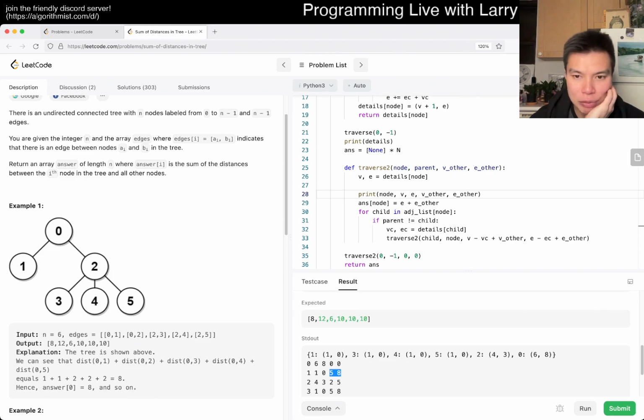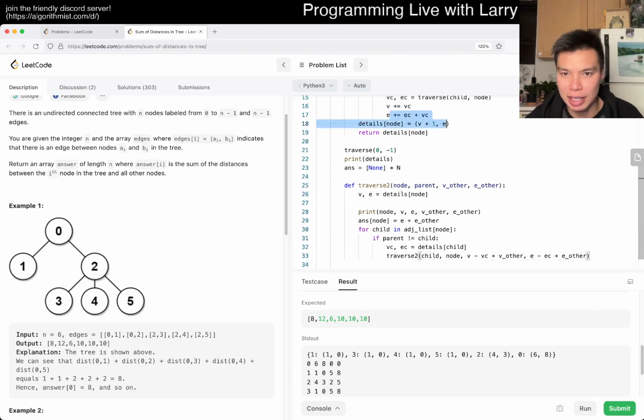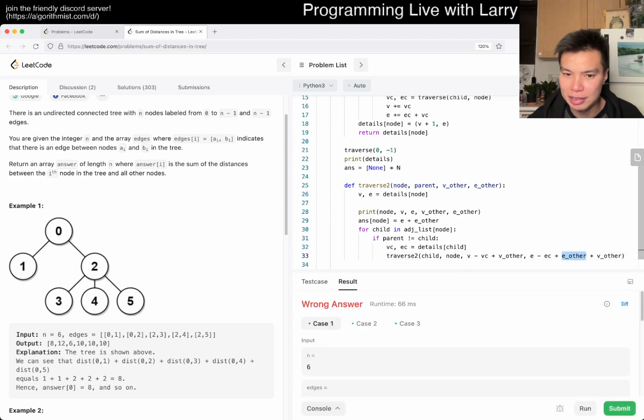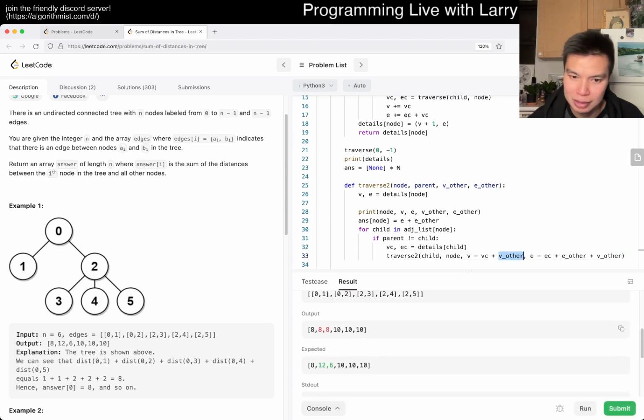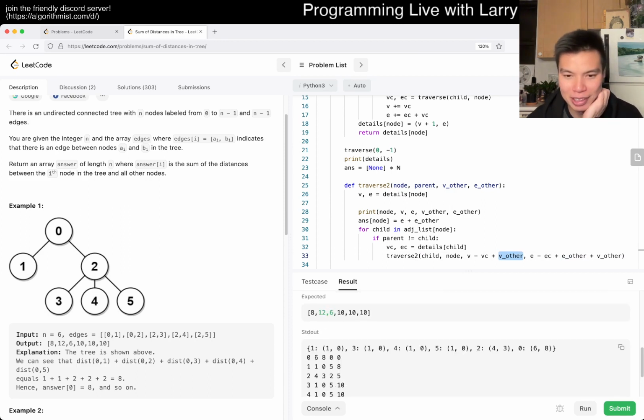So then that means that we did not. I think we have to do the same thing here, in that our e other has to plus we other, because e other and plus we other, it may be off by 1 still. Okay, still a little bit wrong, and a lot wrong actually.